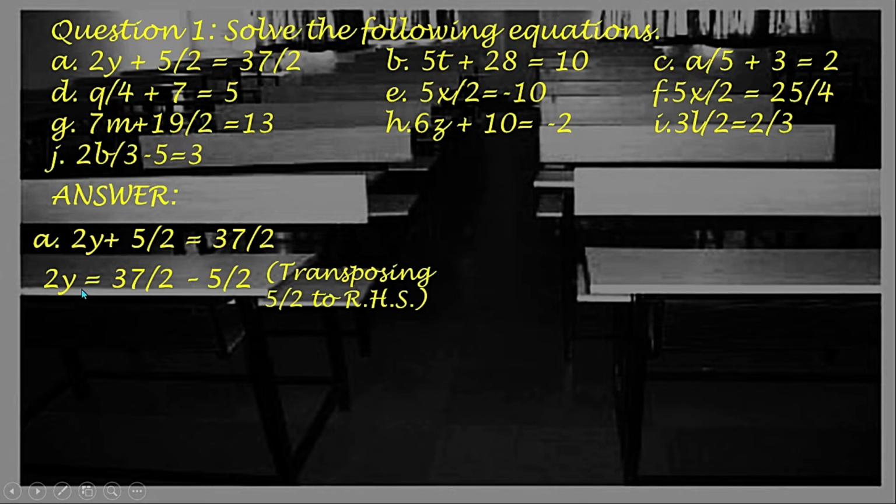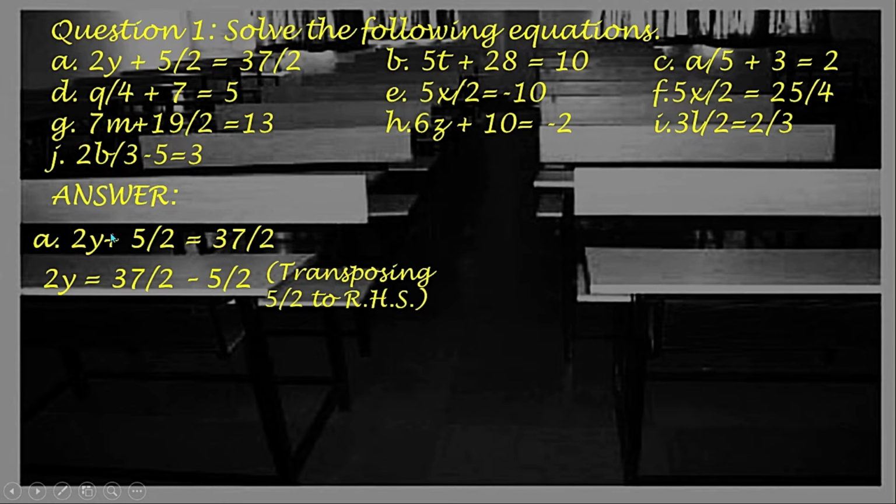See what we have done here. We have shifted 5 by 2 to the right hand side. Now the question arises, why did we shift only 5 by 2? Because 5 by 2 and 37 by 2 are constant terms. Why are they constant terms? Because they do not contain any kind of variable.